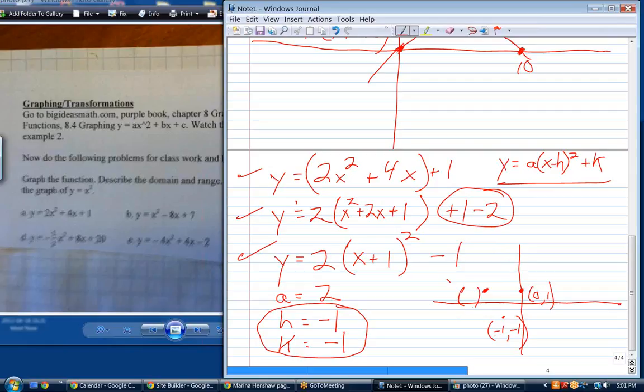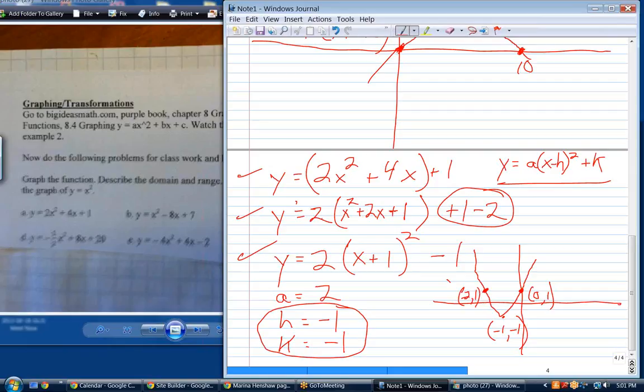So what would its x-coordinate be? It'd be -2, 1. Minus 2 comma 1. Correct.